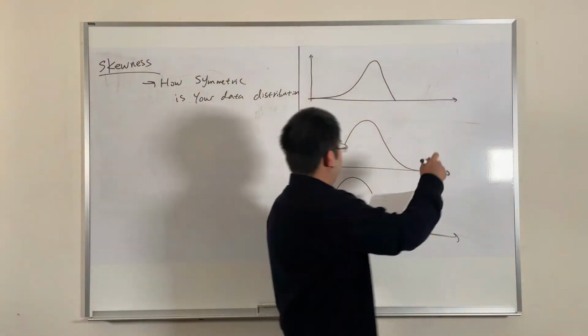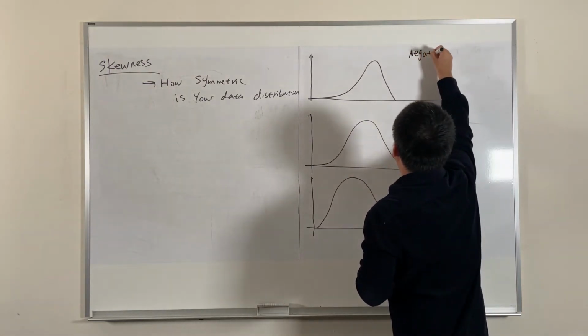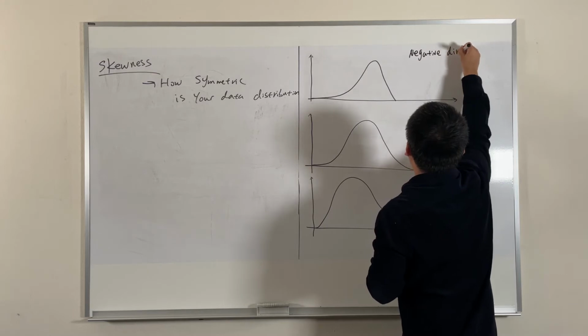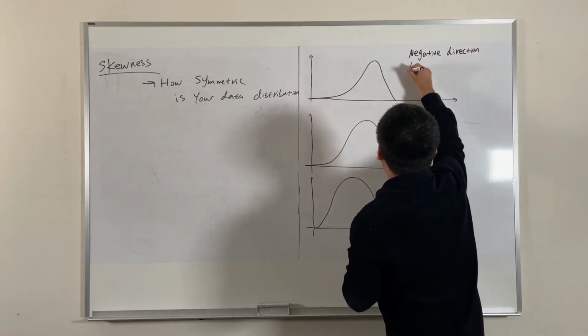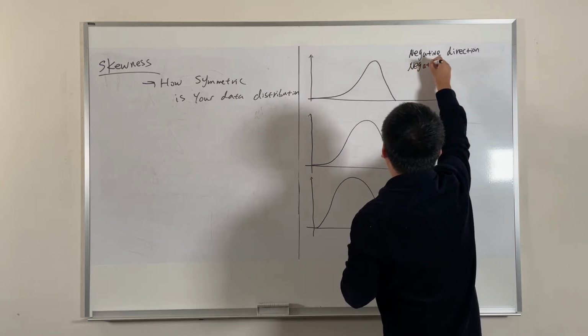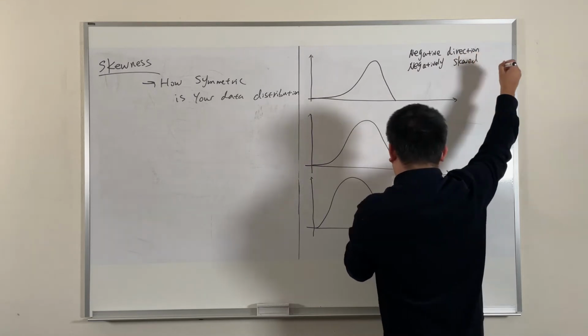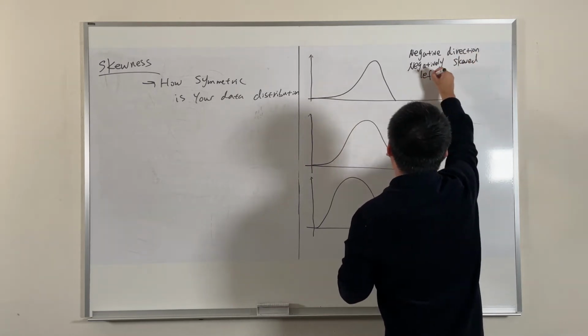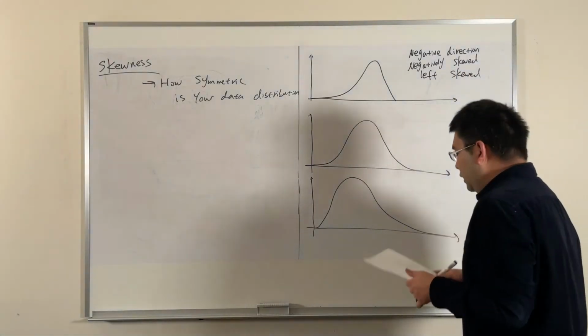The first way is negative direction, so it's negatively skewed, and it's also called left skew.